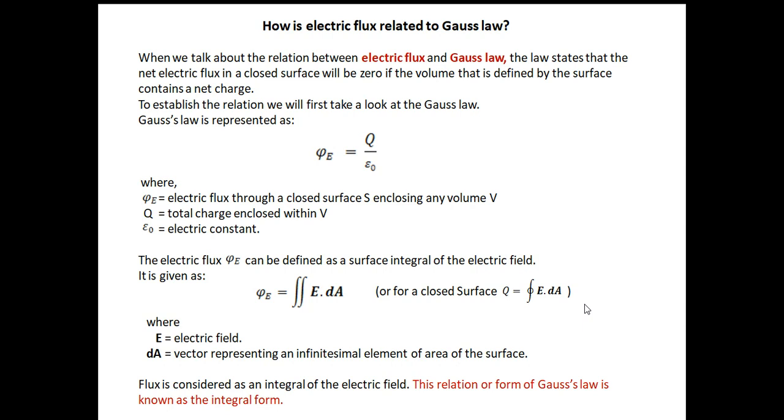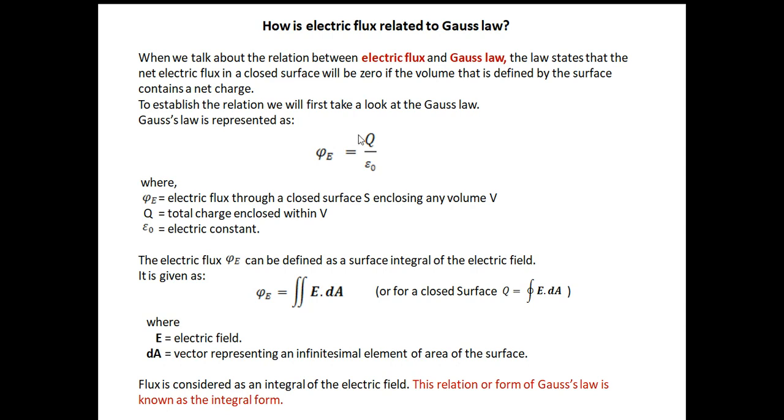The electric flux phi E can be defined as the surface integral of the electric field, and it is given as phi E is equal to the integration over the surface of E dot dA, or I can write Q is equal to the integration of E dot dA. So in that sense, you can very easily see phi E and Q are the same. The only thing is you have to divide Q by epsilon 0.